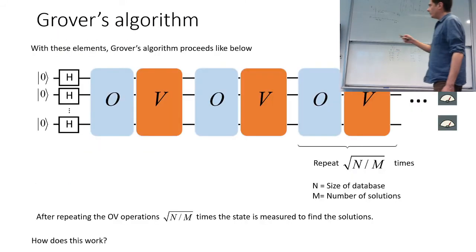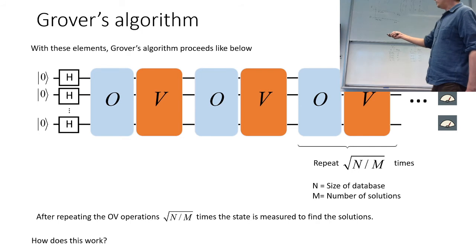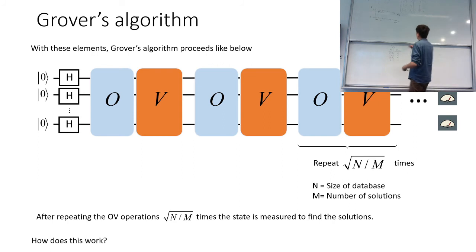Okay, so then Grover's algorithm goes like this. We have those two operators. Well, okay, we start by making a full superposition state here, so we apply Hadamards everywhere.